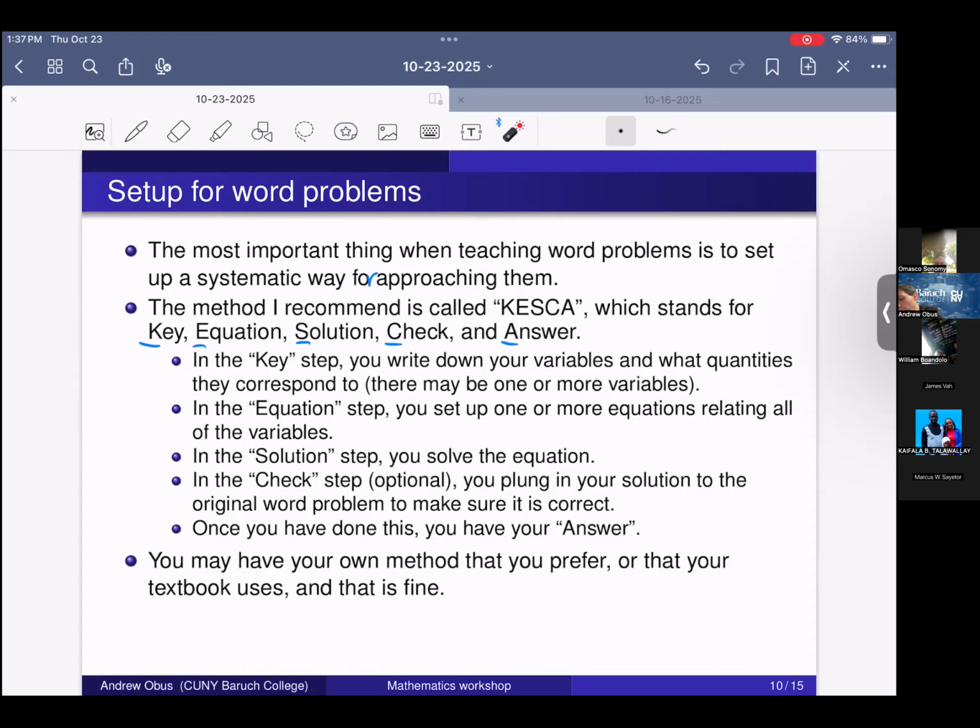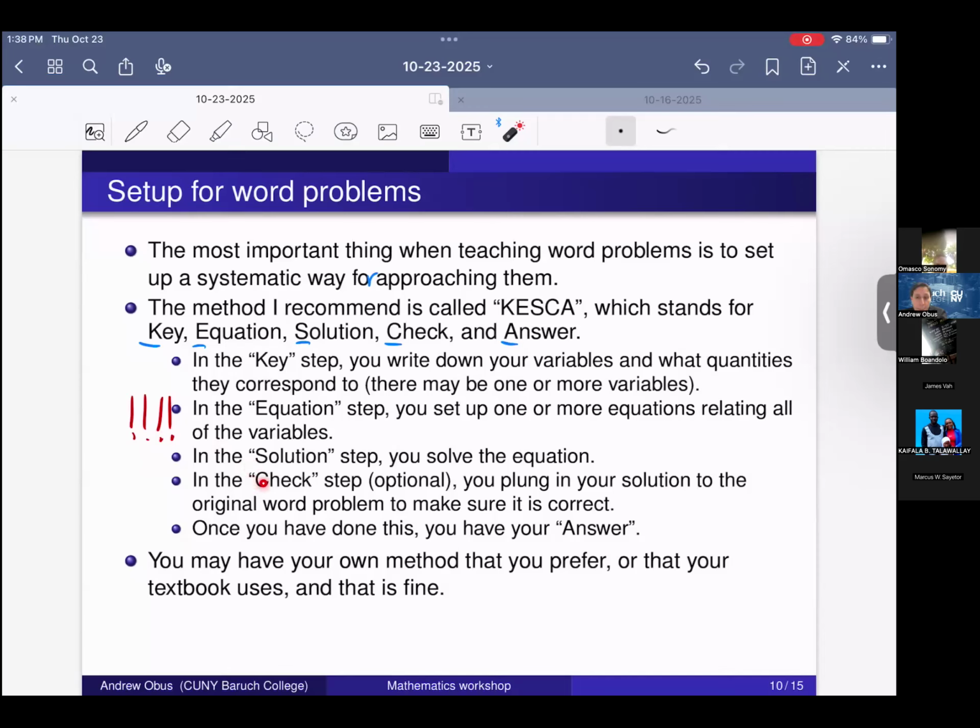Then you have the equation step. This is maybe the most important step. This is probably the most important step, because you have to set up equations relating the variables. This is how you're really modeling the situation that you have in your word problem. Solution step: you solve the equation. For a linear equation, that's usually pretty straightforward.